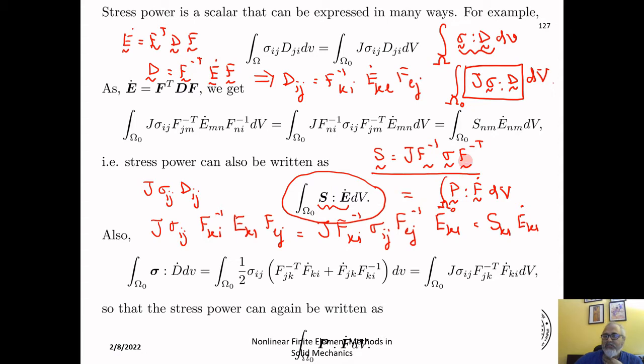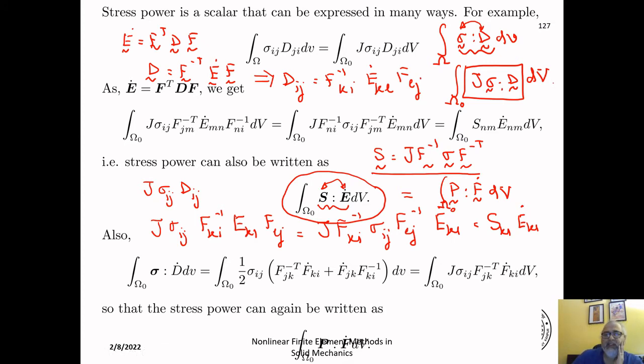So these three expressions, sigma dot D integrated over the current configuration, S dot E dot integrated over the reference configuration, and P dot F dot integrated over the reference configuration, all of them give you the total stress power expended by the body. And these are called conjugate measures, which means that S is conjugate to E dot, P is conjugate to F dot, sigma is conjugate to D.